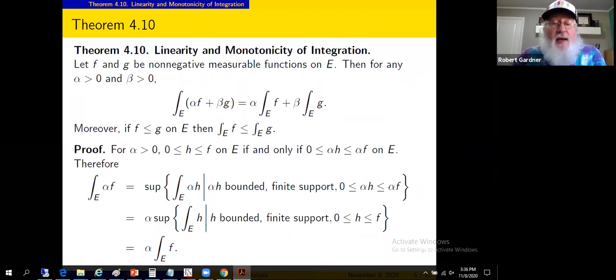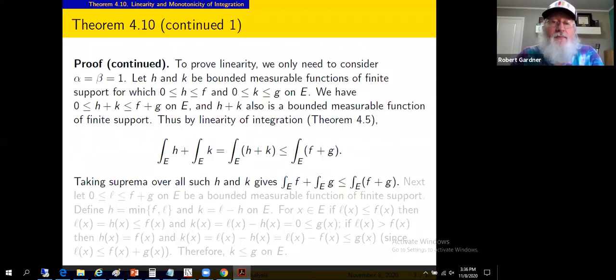And now we've got, in this sup here, the integral over E of h, where h is a bounded finite support function, less than or equal to f, everything inside is non-negative, and that by definition is the integral over E of f. So we got the alpha out by appealing really to class 1 functions and then appealing to properties of sups. That takes care of the scalar multiple stuff.